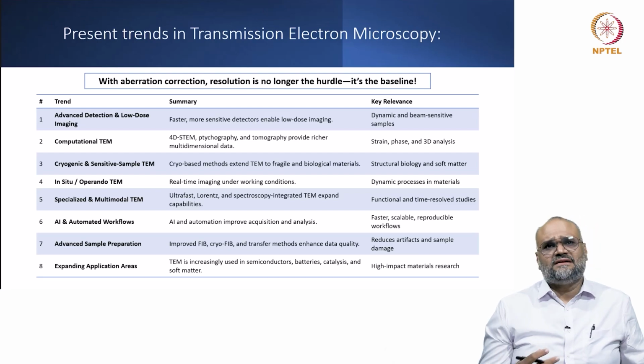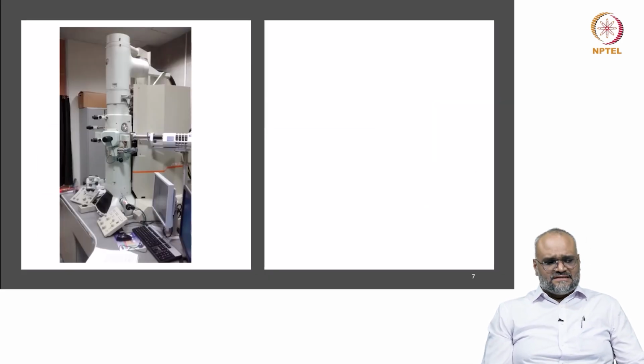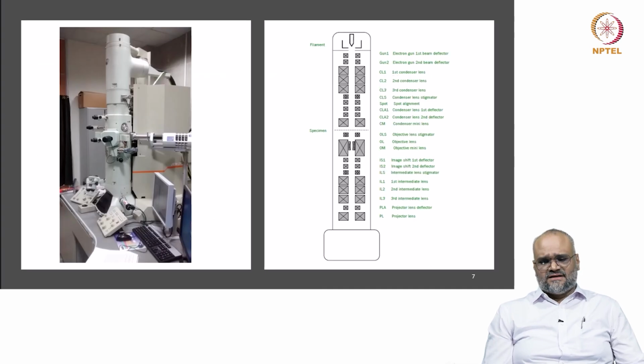So let us look at now the construction of a microscope and recollect some of the concepts that we learned through the course. Here is how the microscope layout looks like, and here is your ray diagram or a schematic of the microscope shown here. There are a series of condenser, objective, projection lenses, and you have several deflection coils.